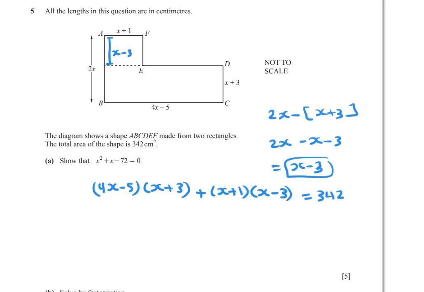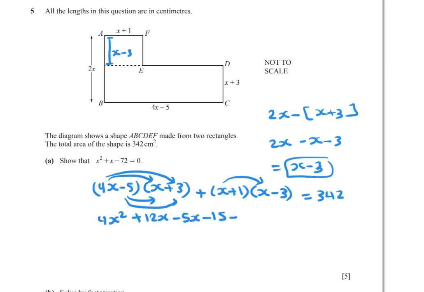342. Now multiply 4x times x, 4x squared, 4x times 3, 12x, negative 5 times x, negative 5x, negative 5 times positive 3, negative 15, same, x times x equals x squared, x times negative 3, negative 3x, 1 times x, 1x, 1 times negative 3, negative 3, equals 342.